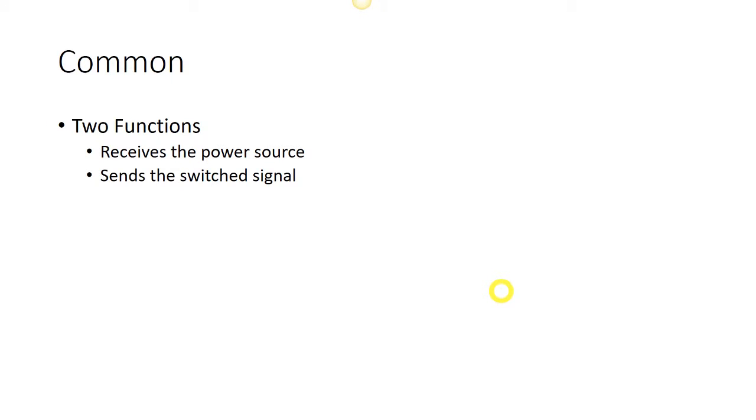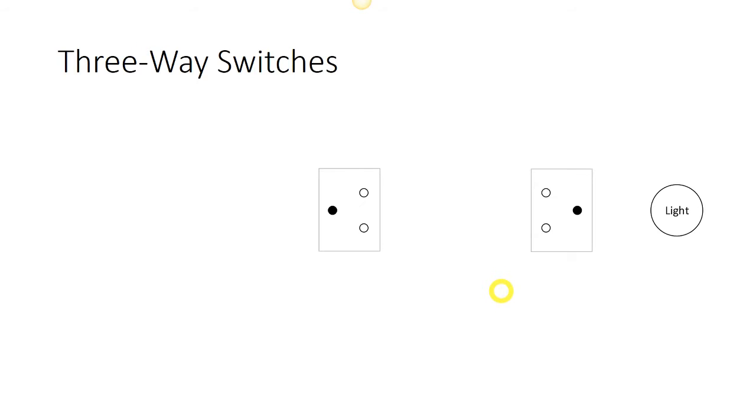A common has 2 functions. It can either receive power from some source, or it can send the switched signal to whatever we're controlling, whether it be a light or an outlet or something like that. Travelers only have one function, and that is just to connect to other travelers. When we get into the schematic, we're going to see that highlighted.